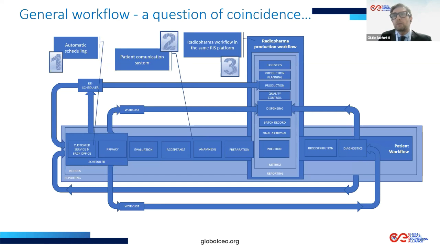Above all, if you want an automatic scheduling, because it's very important to know how much you can produce or how much has been produced, to know if the rest of the patients that you have on the list can have the exam done.